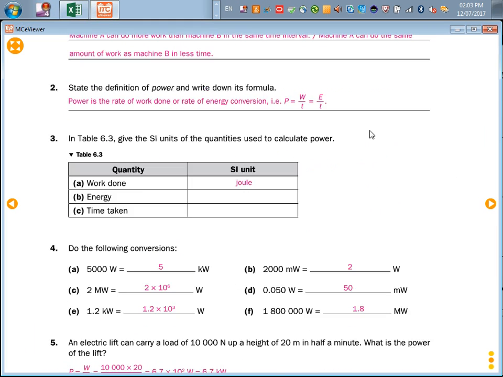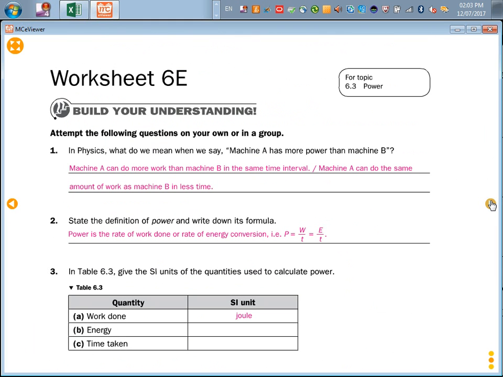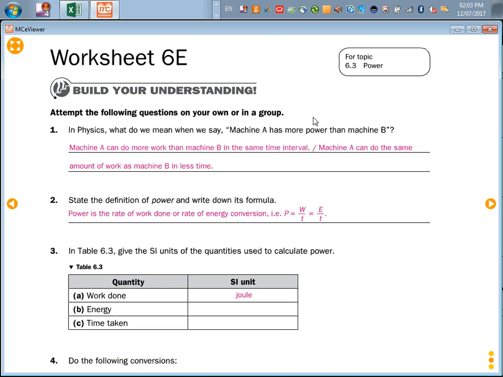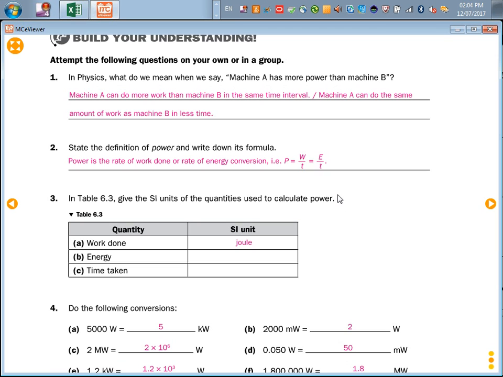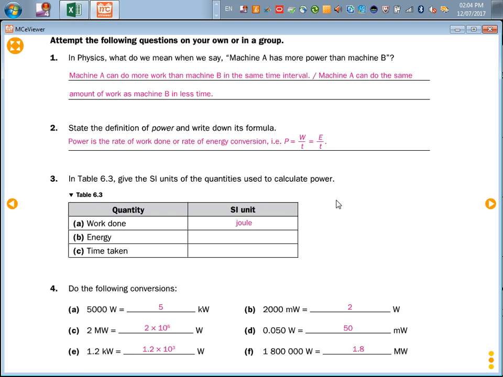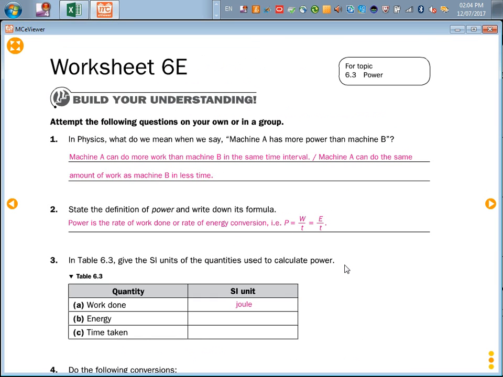Hopefully we can cover 6E and then move on to 6F. Mr. Tan's class, do you have your 6F with you? Also hand in. Went through already. 6F also. Okay, never mind. 6E now. Pass. Worksheet 6E. Jonathan. Yes. Stop talking.